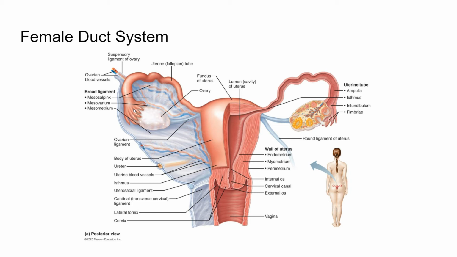Instead, they're just kind of touching it. And so these tubes, basically their purpose is to receive the ovulated oocyte, and the tube is typically the site of fertilization. Each of the tubes are about 10 centimeters long, and they extend from the ovary into the uterus.